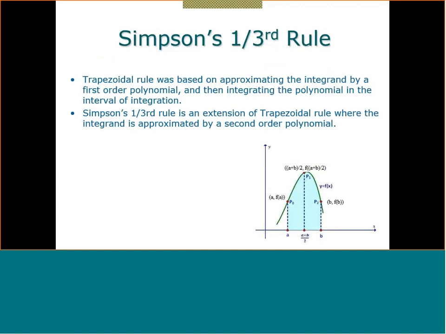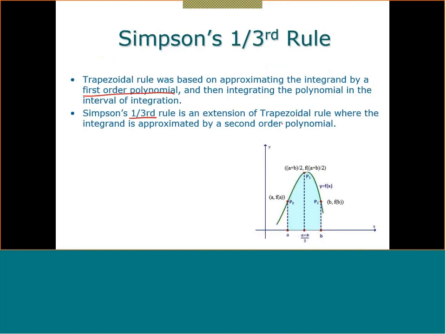As I said, the trapezoidal rule is based on a first order polynomial or a linear function. Simpson's one-third rule is just an extension to the trapezoidal rule, and here we assume that we have a second order polynomial.